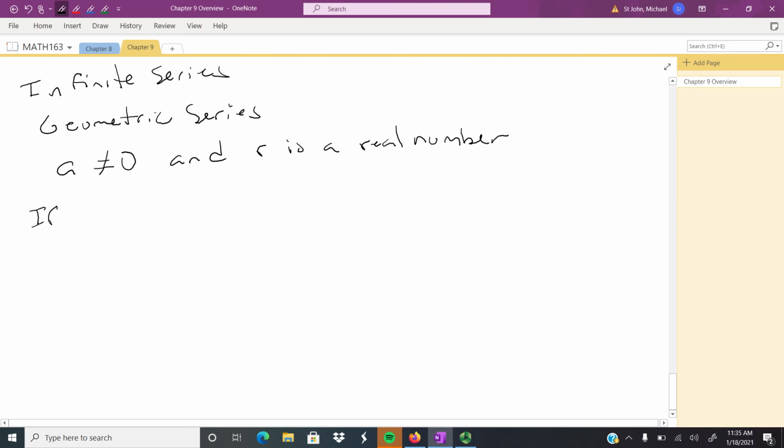If the absolute value of r is less than 1, then the sum from k equals 0 to infinity of a times r to the k is going to equal a over 1 minus r.